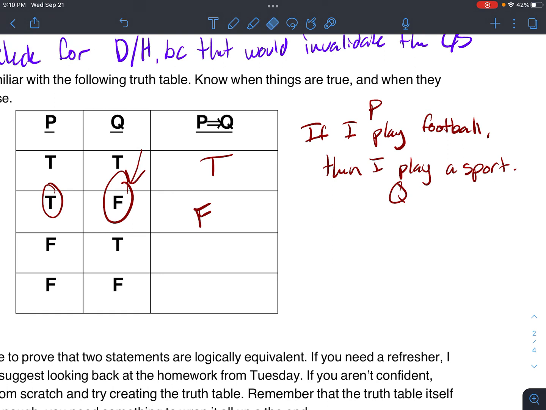And now, with this false here, I'm saying, oh, I don't play a sport anymore. And we know that that is not true because of our conditional statement. Next, if I don't play football, then I play a sport. This doesn't invalidate this. So it's still true.